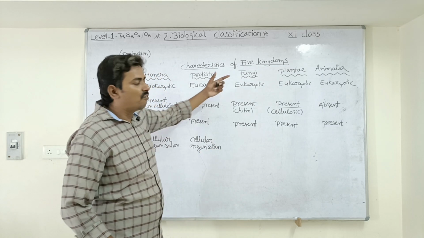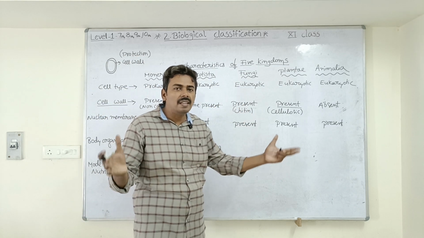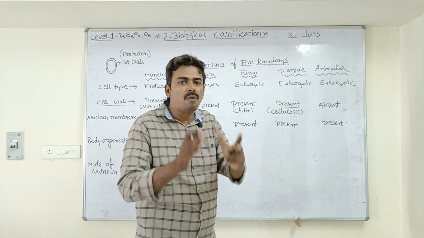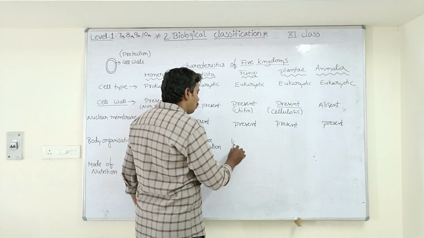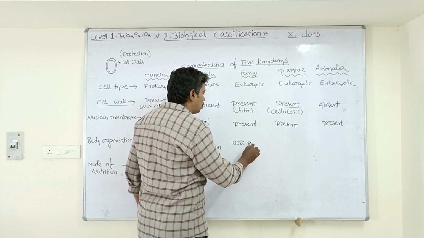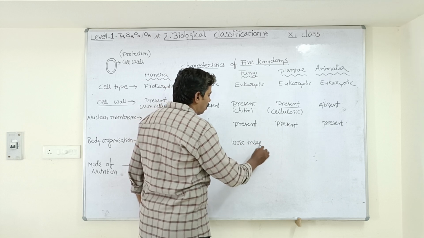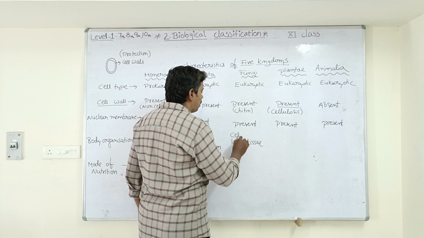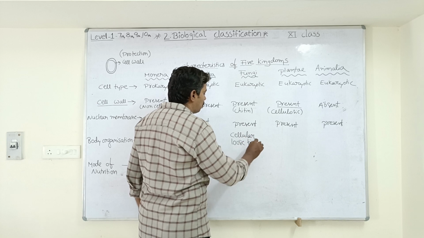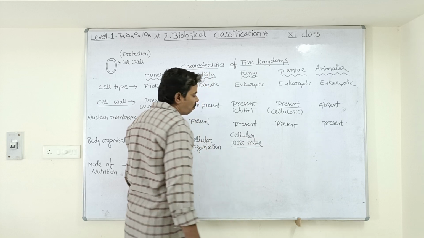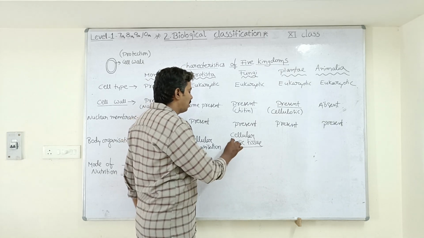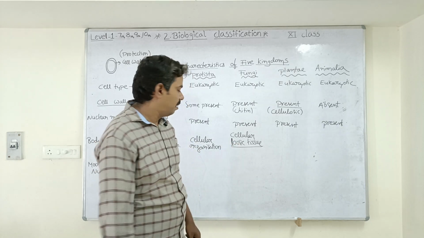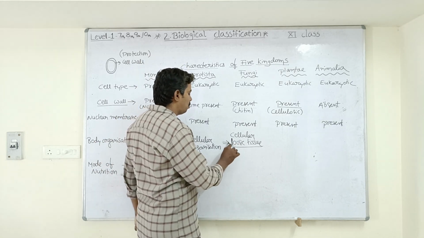But in kingdom Fungi, what happens? Several cells combine together and form loose tissue. You can also see cellular organization, and several cells are going to form loose tissues. This is an advancement seen in kingdom Fungi, the presence of loose tissue.